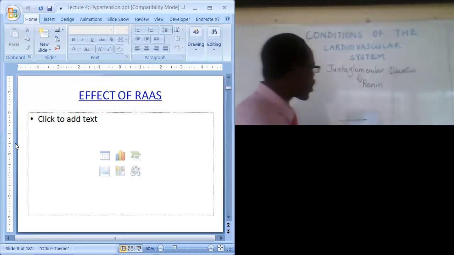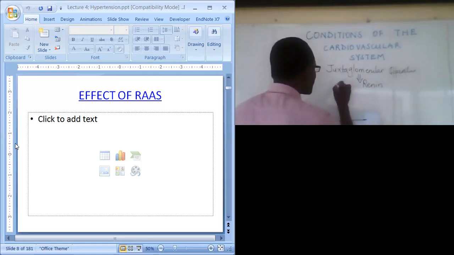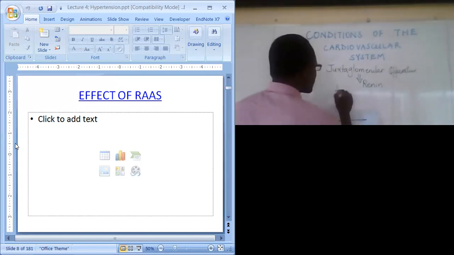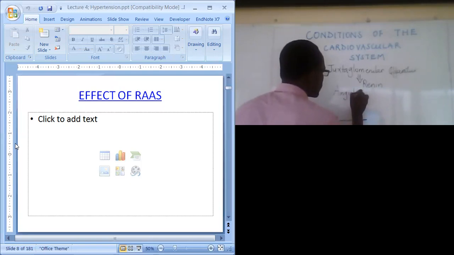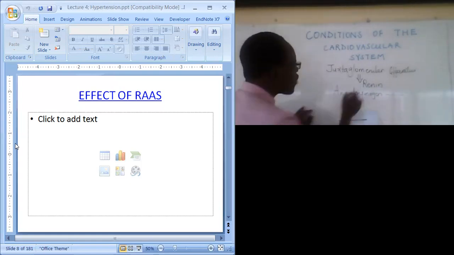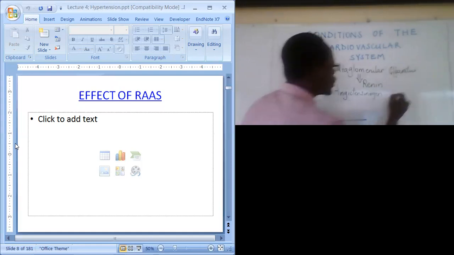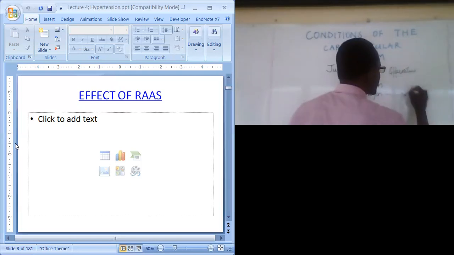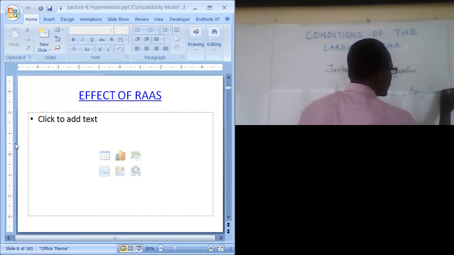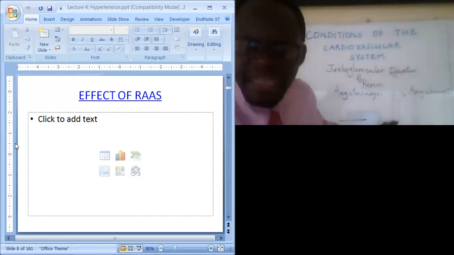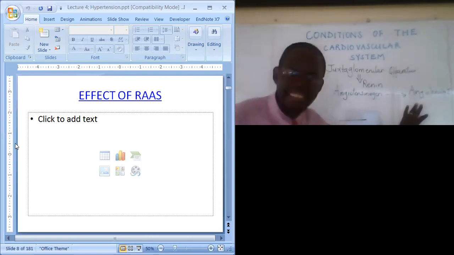So renin causes conversion of angiotensinogen to angiotensin 1. Now, this angiotensin 1 freely circulates in blood.